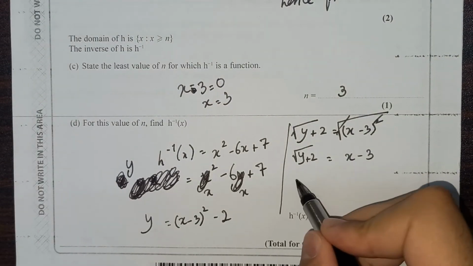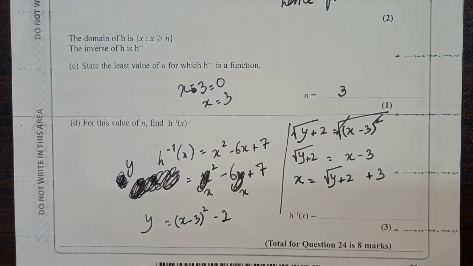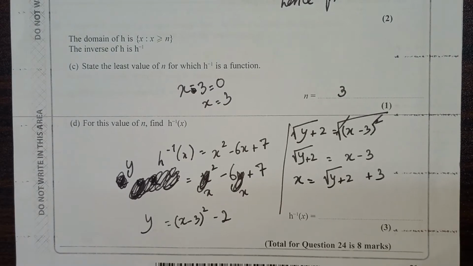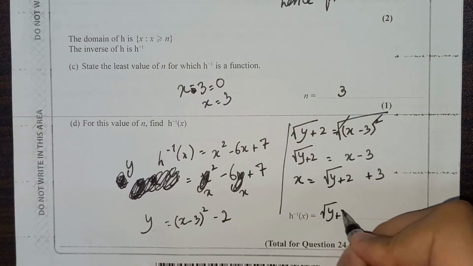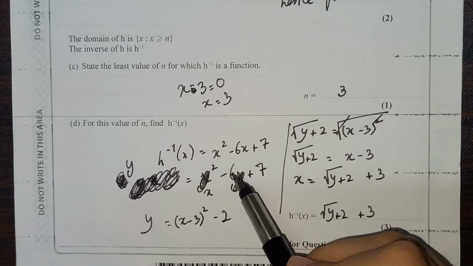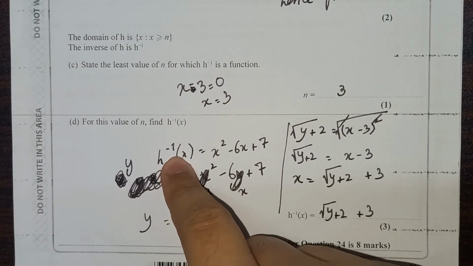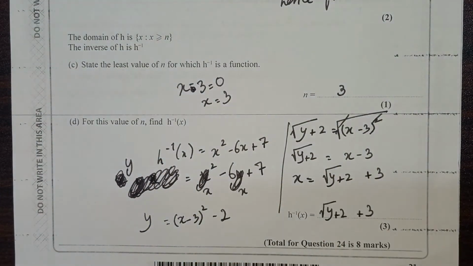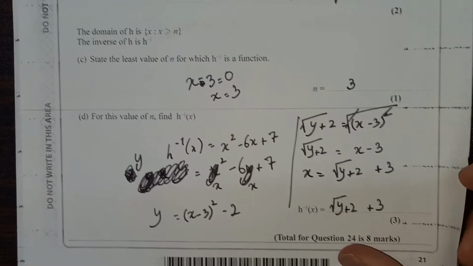How? Move 3 to the other side, so y plus 2 plus 3. So here is your inverse equation, and you can just simply write it over here, y plus 2 plus 3. Pardon my handwriting, it's just like this. Okay, so always remember this value is always y, and you have to make x the subject, so you can get the value in y's. Okay, we're done with question number 24.